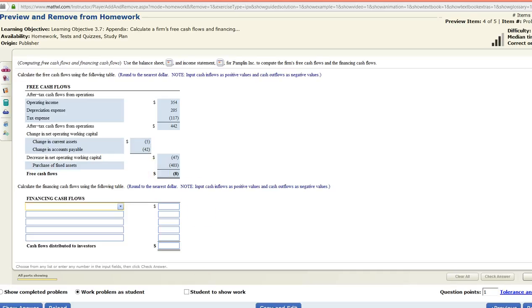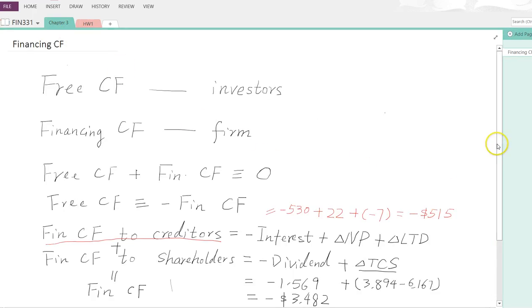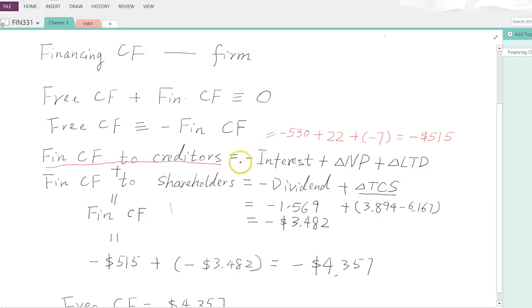We also need to put the appropriate signs in front of them, but we already did that part in our video lecturing on the free cash flows. We need to put a negative sign in front of the interest expense because by paying the interest, the firm has incurred a negative cash flow. But we need to put a positive sign in front of the change in notes payable and the change in long-term debt, because by increasing notes payable or long-term debt, the firm receives money from the creditors.